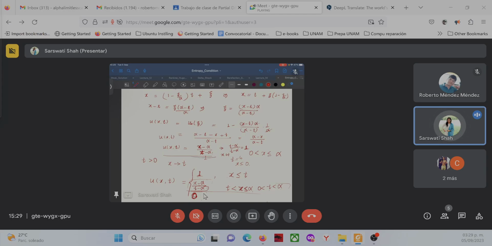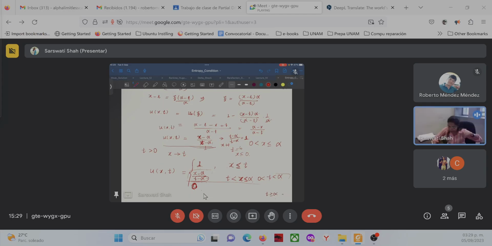On the left side of this curve, we have the solution 1. Is it not? So if x is less than or equal to t, we have the solution 1, and t is less than x. So when x approaches t, it will become 1. So the solution is continuous at x equals t.